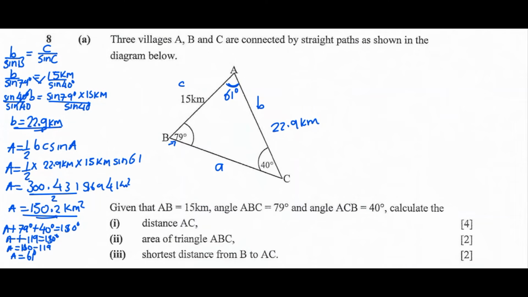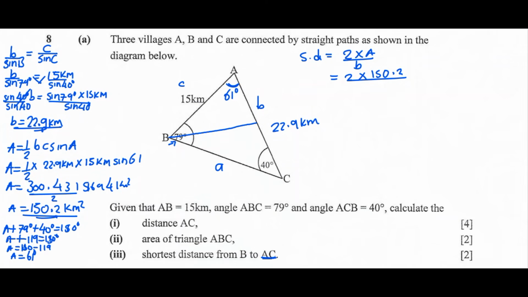Now let's look at the shortest distance from B to AC. So the distance that we are trying to solve is this one. The formula for the shortest distance is equal to 2 times the area over the base. So 2 times our area, 150.2, over the base, which is the distance for AC, since we are moving from B to AC.